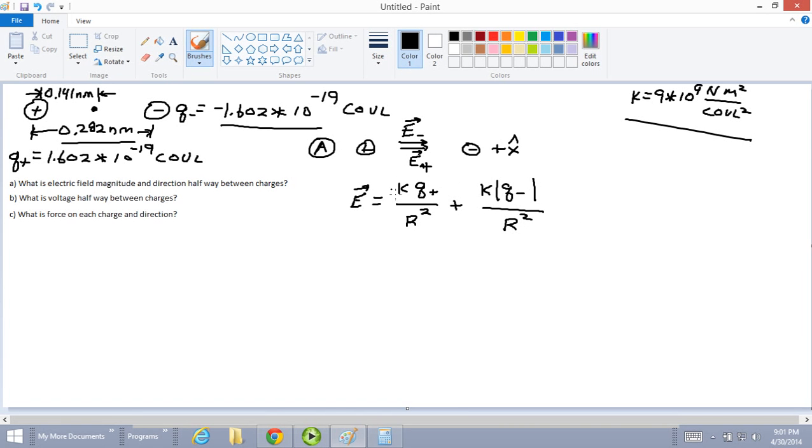And both of these are pointing in the same direction. The magnitude of the negative charge is the same as the magnitude of the positive charge, and the distance to the halfway point is the same for both of them. So we can just go 2k q plus over r squared, and it's in the x direction.